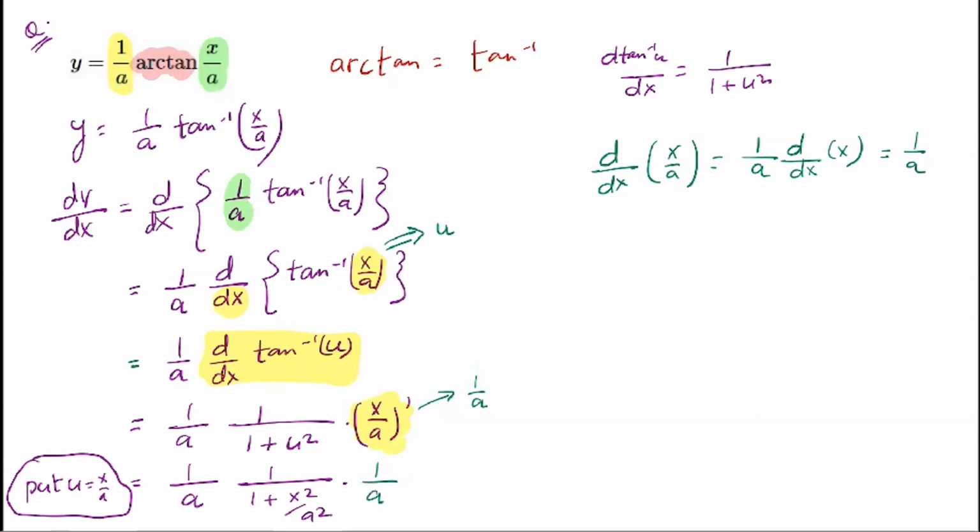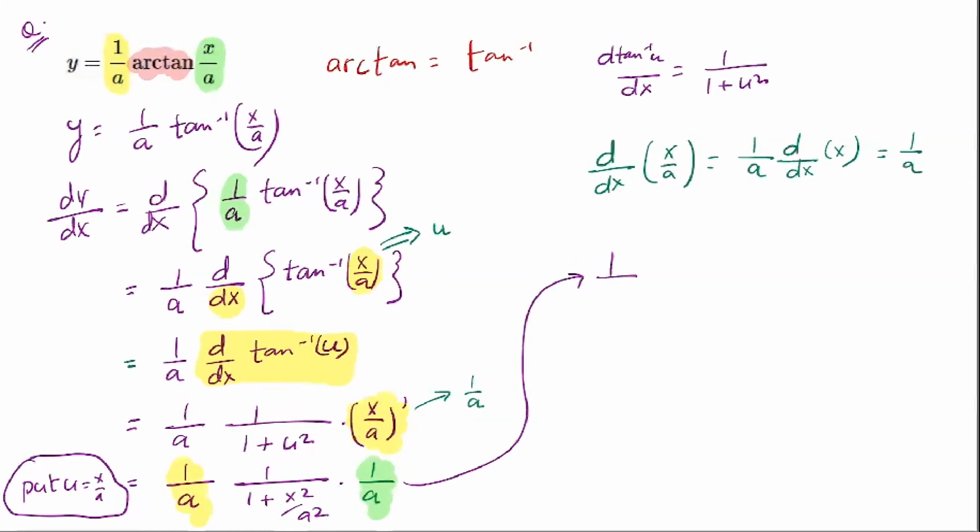So let's finish this up. Because I have 1 over a and 1 over a, I can multiply them and get 1 over a squared. And for the middle part, I have 1 over a squared plus x squared over a squared, so this is 1 over a squared times a squared over a squared plus x squared.